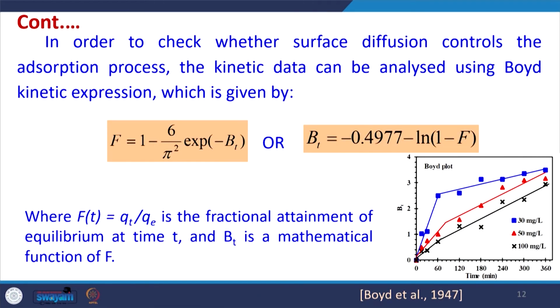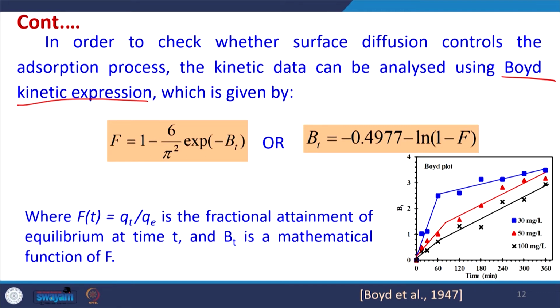In addition, there is another model, called the Boyd model. The Boyd kinetic expression can also be used to find out the diffusivity parameters. Generally, it is not well used in the simple adsorption case, but it can be used for determining the diffusivity values using the kinetic expression data.